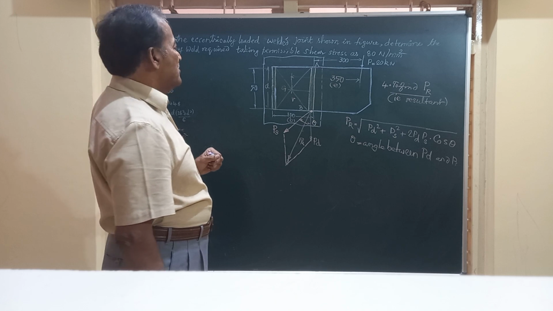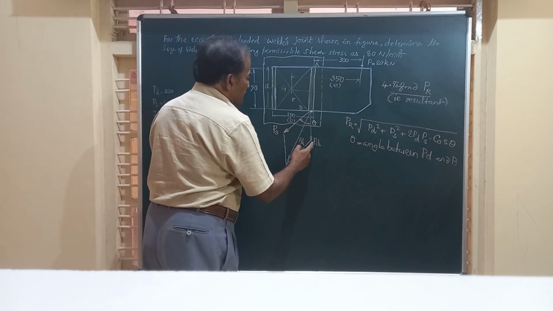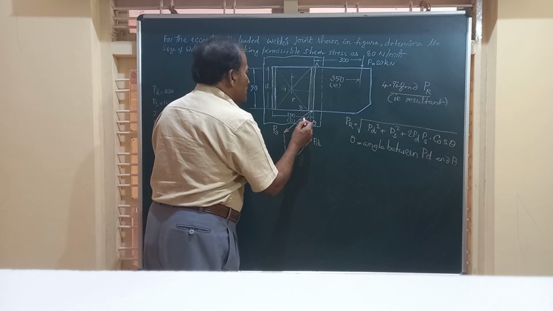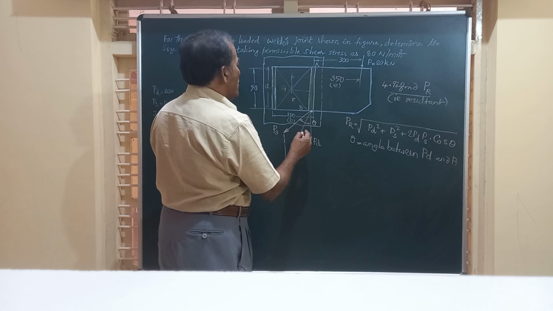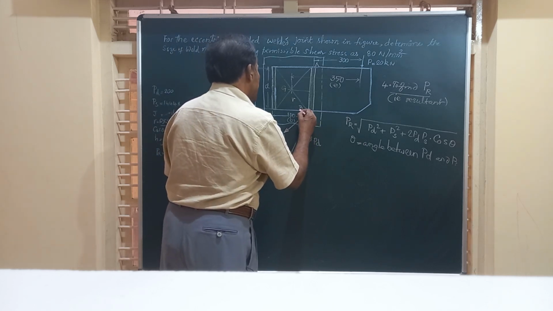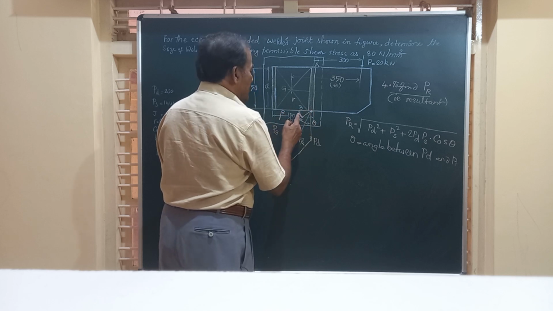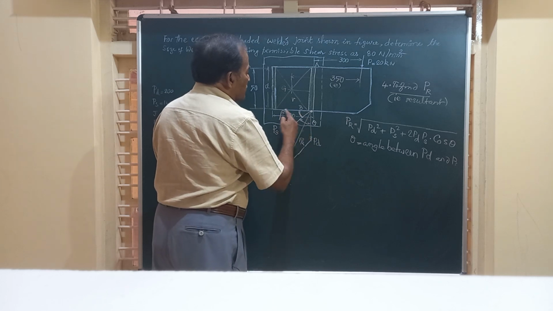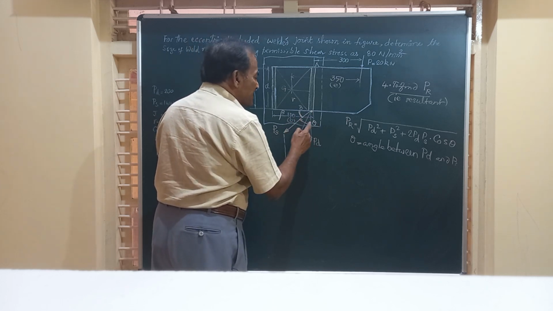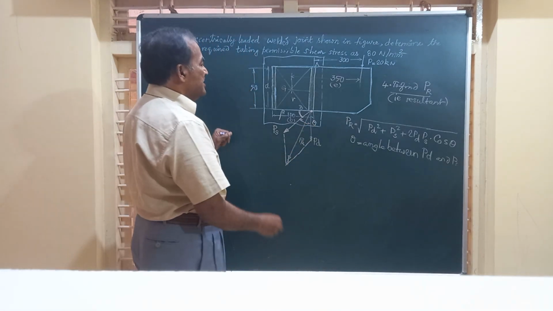Friends, how to find out this theta? This theta, the angle between PD and PS, will be lesser than 90. So if you are able to find out the value of this angle, I will call this beta, then 90 minus beta will give you the required angle theta, the angle between the direct load and the secondary load.